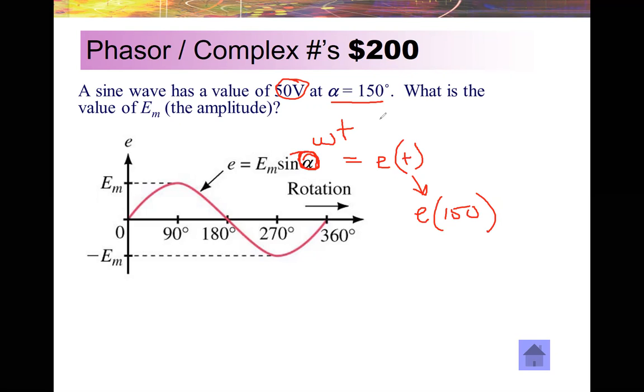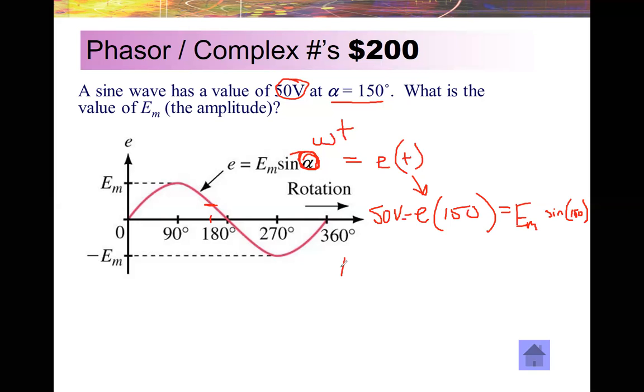A, or the alpha, as the variable, then we have E, the magnitude, the amplitude is another word, sine of 150. And at that time, its value is 50 volts. So whenever we're at 150 degrees right here, right there, is where it is at 150.